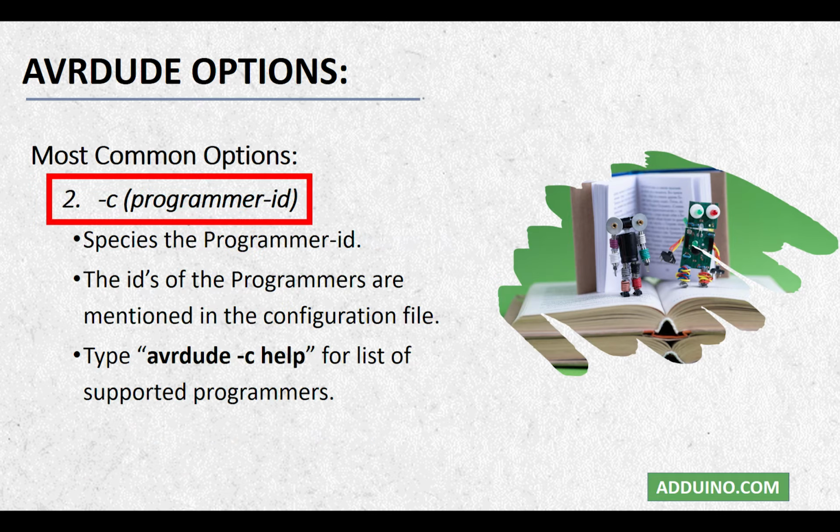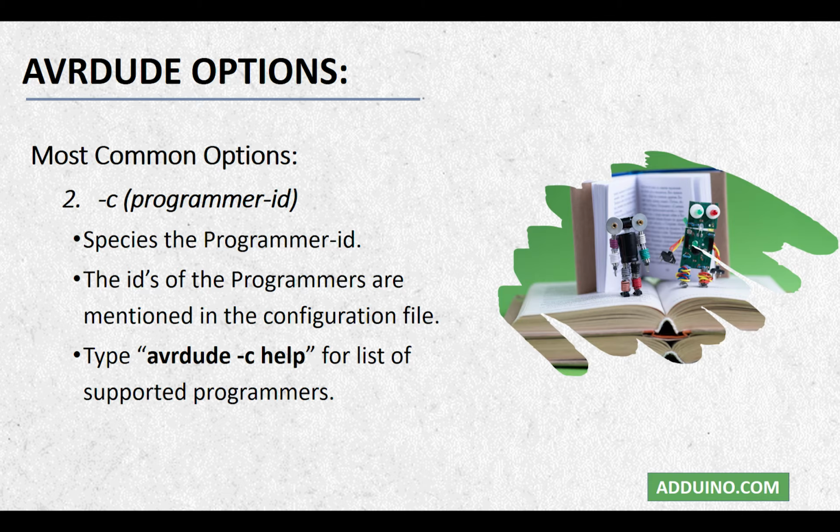-c tells AVRDUDE about the type of programmer that is used to program the microcontroller. AVRDUDE knows about several common programmers, so use this option to specify which one you are using. For each of the supported programmers, the programmer ID parameter is listed in the configuration file.